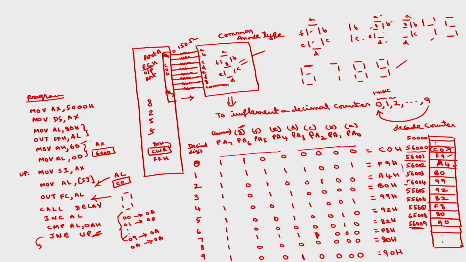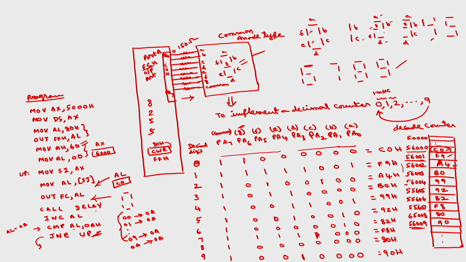In AH permanently 60 is there, in AL we have this 0A. So, that is to be taken into the contents of SI. So, SI will be pointed to this 0601. After this instruction AL minus 0A is performed, but the result is discarded.